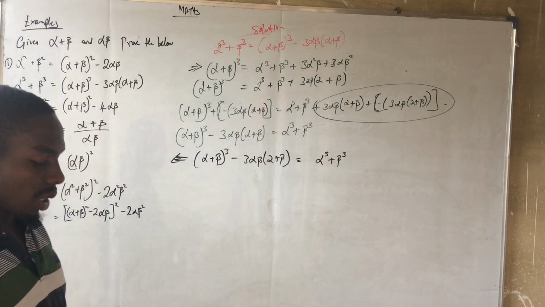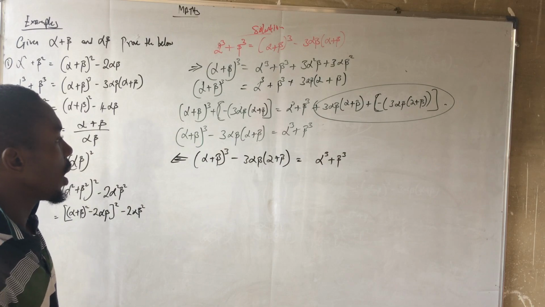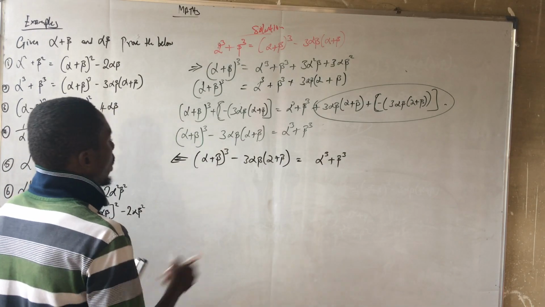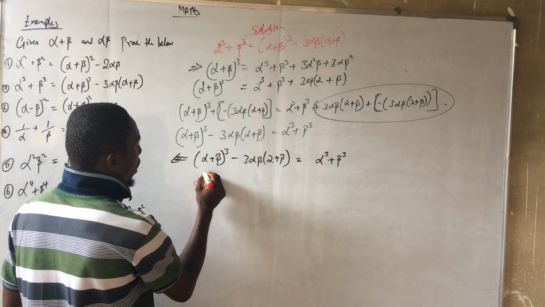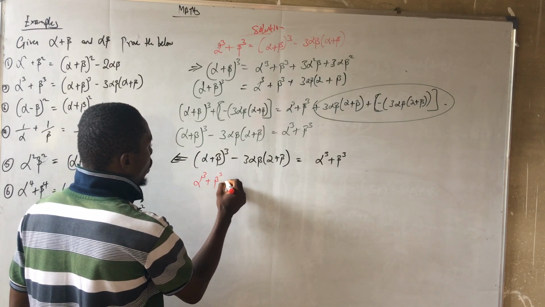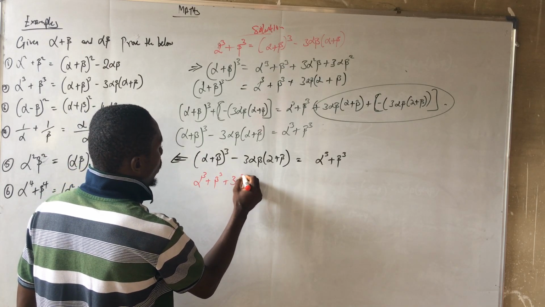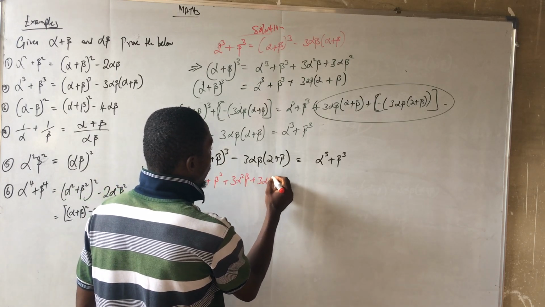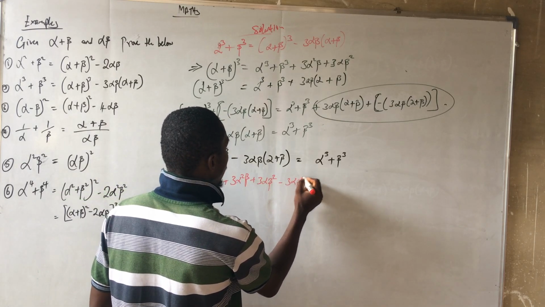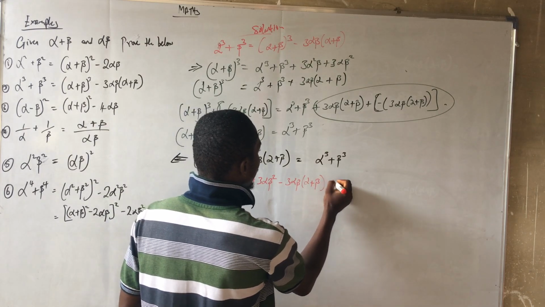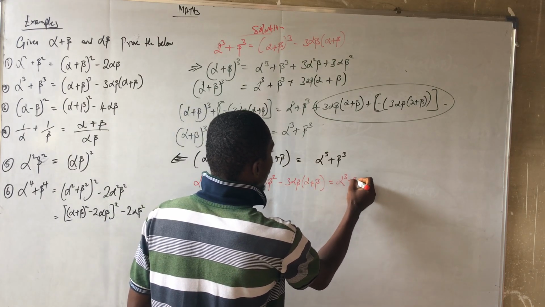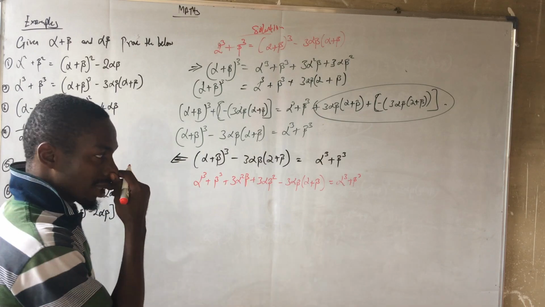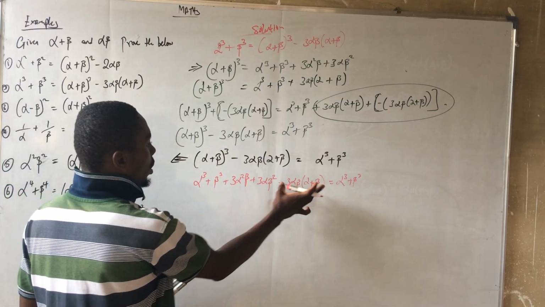Now this one is also simple. The only thing I'm going to do here is just to open this bracket. When I open this bracket, I'm going to have alpha cube plus beta cube plus 3 alpha square beta plus 3 alpha beta square minus 3 alpha beta (alpha plus beta) to be equal to alpha cube plus beta cube. So now this, I'm now going to make this one look like this.